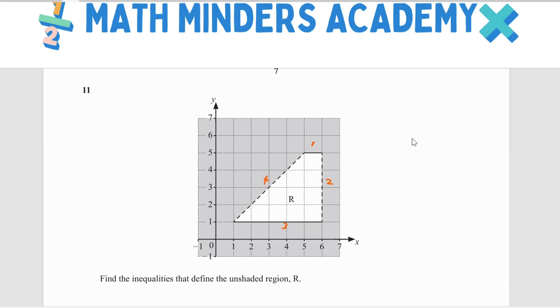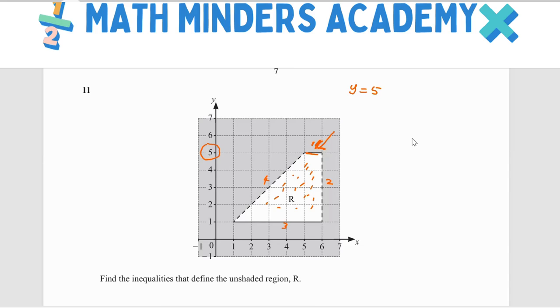Now, let's take this particular line here. We want to find the inequality that defines this line. You will discover that this line here is line y equals 5. Okay, and it's a thick line. So everything inside this shape is below line y equals 5.